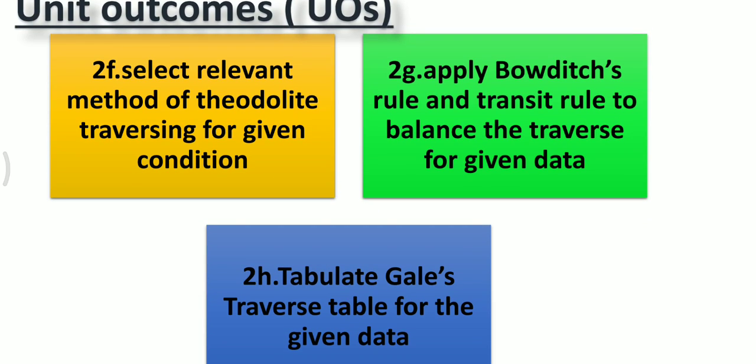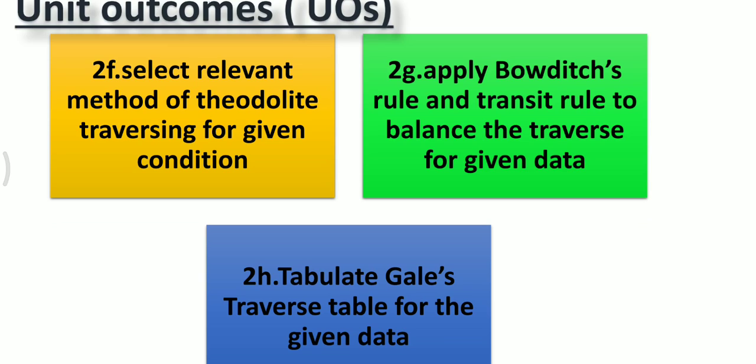As stated earlier, there are some kinds of errors in theodolite traversing. For removing these errors, some rules are used. First is the Bowditch rule, and second is the transit rule. When we study unit number 2, we understand the Bowditch rule and transit rule for balancing the traverse for given data.